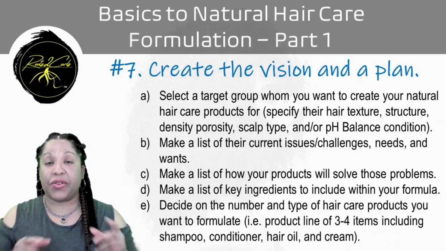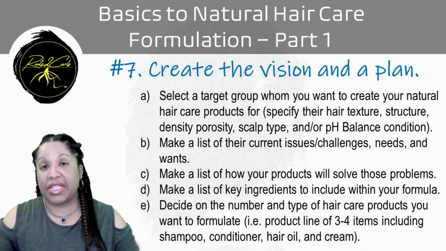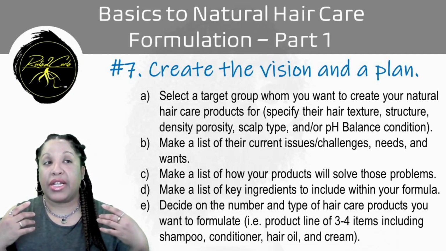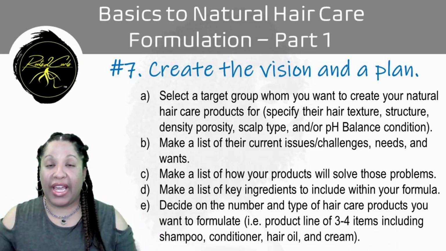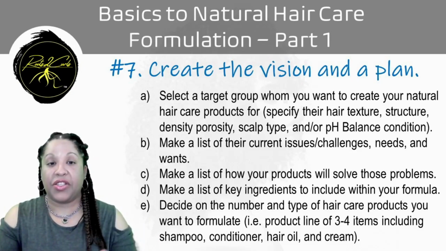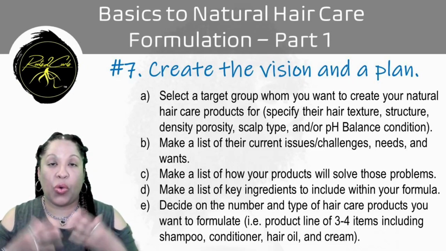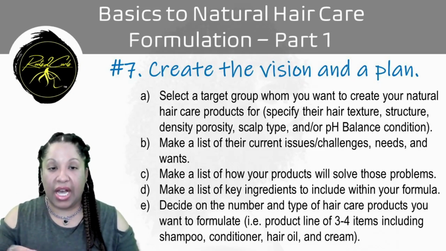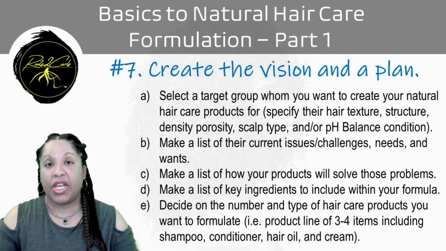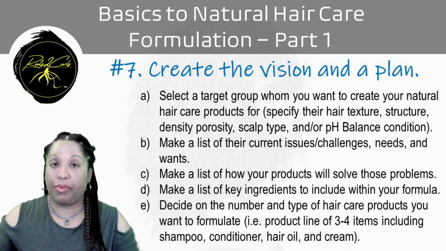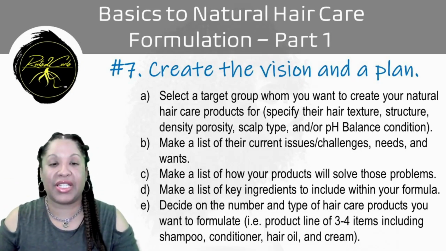All right, so 7. Now that you understand hair structure, hair texture, porosity, scalp type, and pH balance, you want to start creating your plan for your hair care line. What I would recommend is taking a couple of quick steps and writing these items down to help you brainstorm on your next steps to actually developing your products, creating formulas, and picking out ingredients for those formulas.